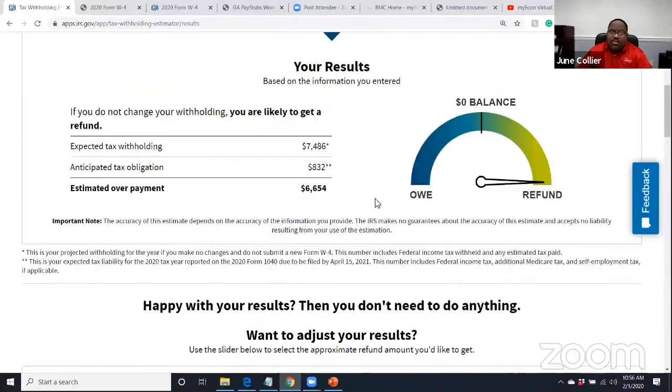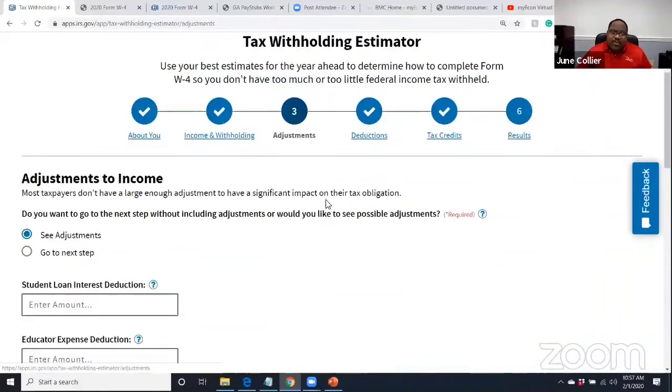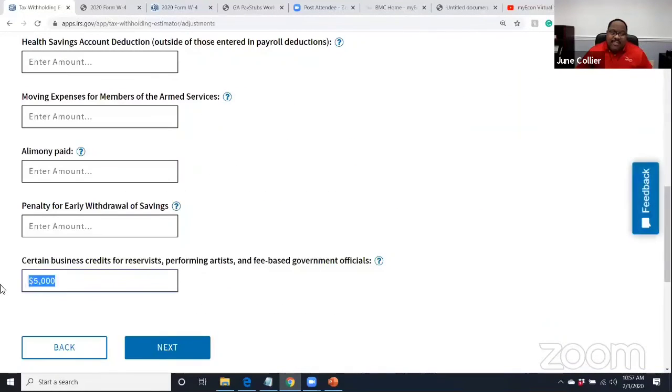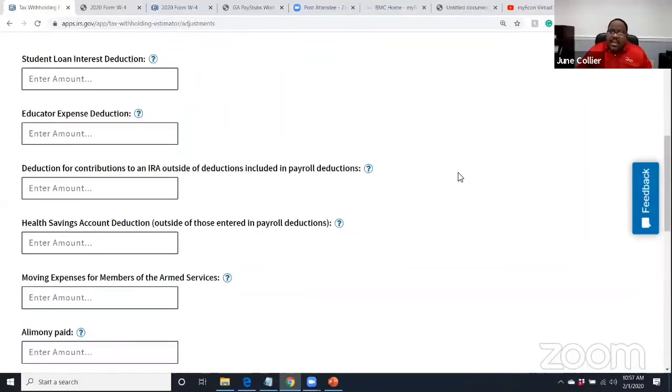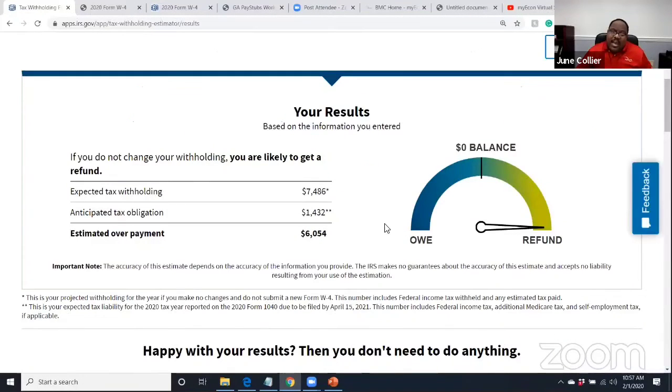Our results now show that our tax obligation has been reduced to $832, right? Do you guys remember what it was before we put the $5,000 there? Let's go back and take a look. If we take out the $5,000 and go back and look at the results, we would owe $1,400.